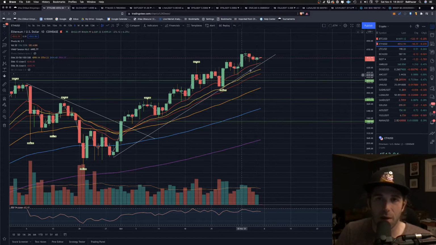But you can see that already it looks like we are very likely to set a higher low here. If you don't fully understand what I'm saying when I say higher low and lower high, when you look at the chart, you can see these legs up where the price goes up and then goes down for a bit, and then goes up and then goes down for a bit.